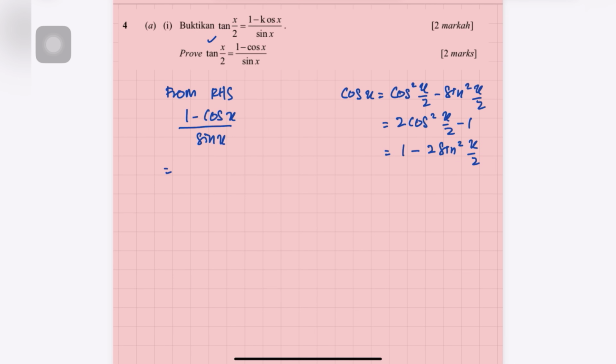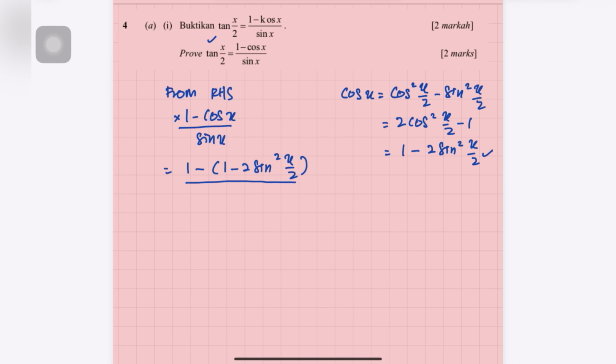So which one do we choose? We choose the last one because we want to subtract the 1, so we can eliminate it. So 1 minus, we choose the last one, 1 minus 2 sin squared x over 2.